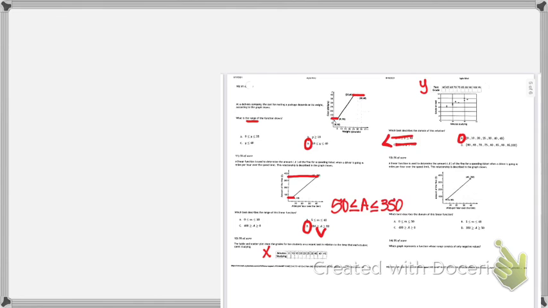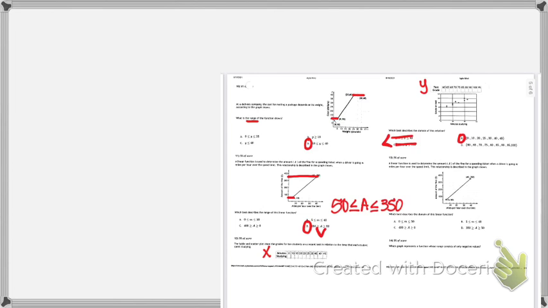All right. Number 13, a linear function is used to determine the amount A for the fine of the speeding ticket when a driver is going m miles per hour over the speed limit. Which best describes the domain? So now we're looking at the domain of this guy's speeding ticket.